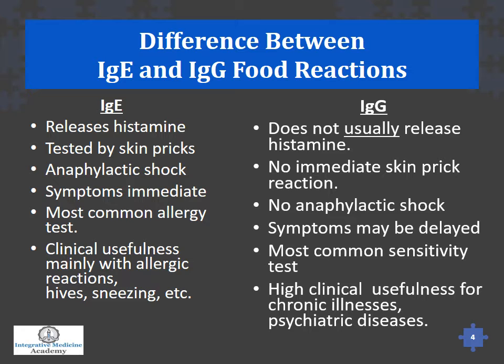You're not going to get an anaphylactic reaction, for example. You can typically get some digestive problems that might be gas or bloating or loose stools. Other people get joint aches and pains. Other people get headaches. Some of that's sometimes hard to ascertain for a child with autism, but it's more of a delayed onset.